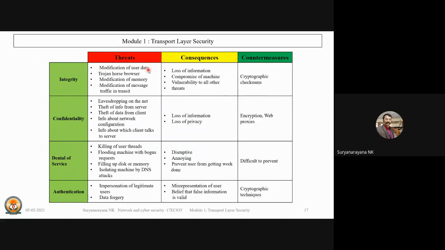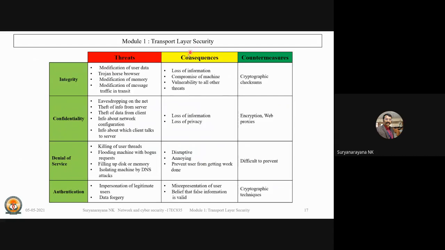Here, modification of user data is a threat. Trojan horse browser is also one of the threats. Modification of memory, and modification of message traffic in transit are the threats to the integrity of the data.